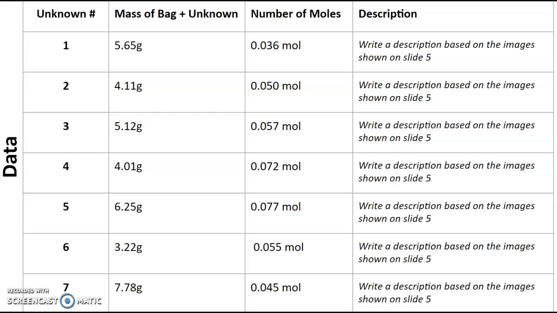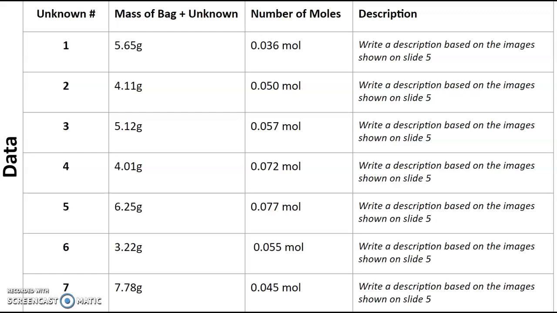You've got data for your 7 unknowns. I told you the mass of the bag and the unknown. So this is just raw data, like what you would get if you set the baggie on the scale and then took it back off. I gave you the number of moles written on the bag. And then on the far right column, it says write a description of the unknown based on the images in slide 5.